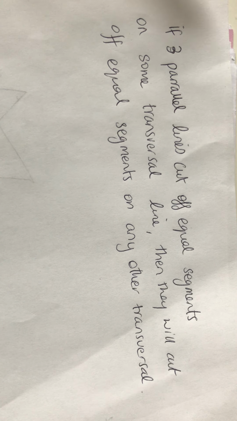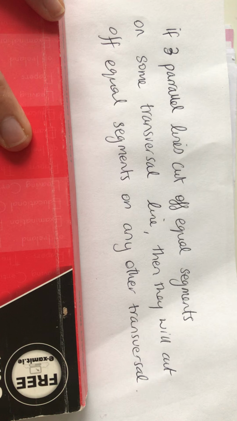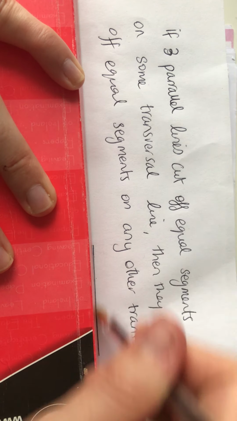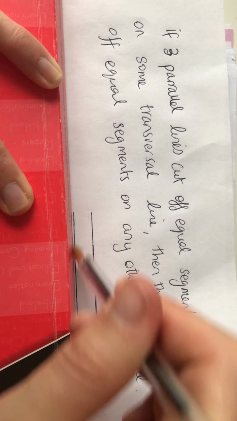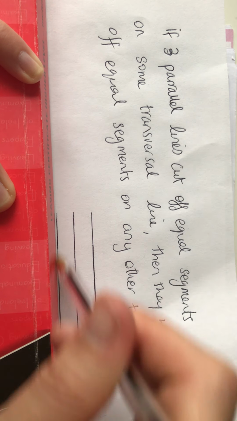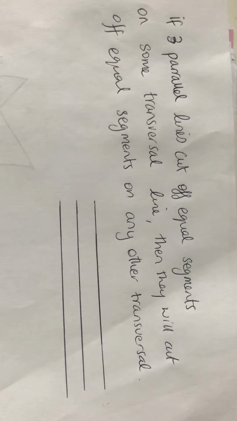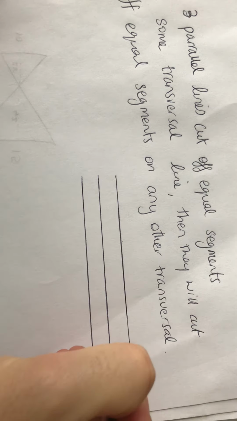So Theorem 11 is if you have three parallel lines. So I'm going to go with my diagram first. I'm hoping there in my diagram my lines look parallel. I'm going to mark them off as parallel.